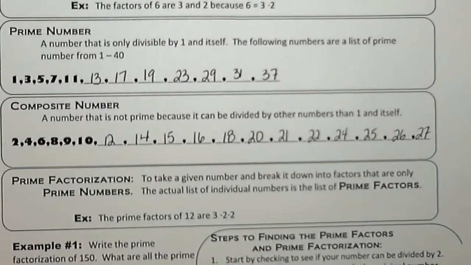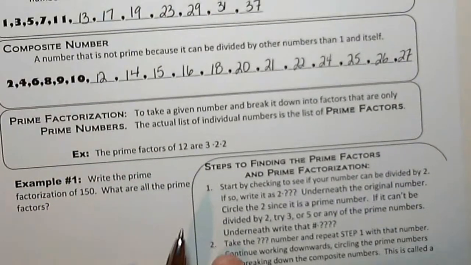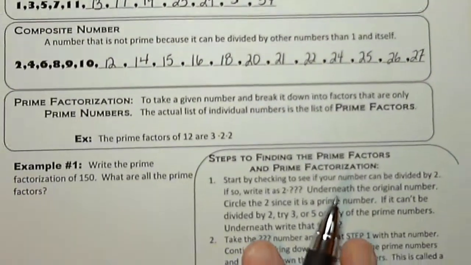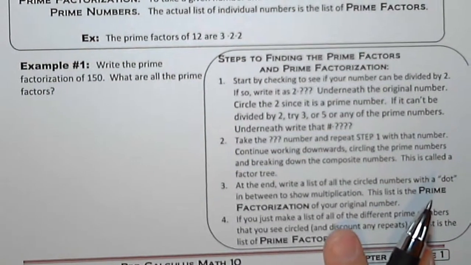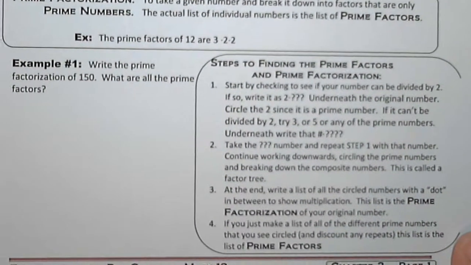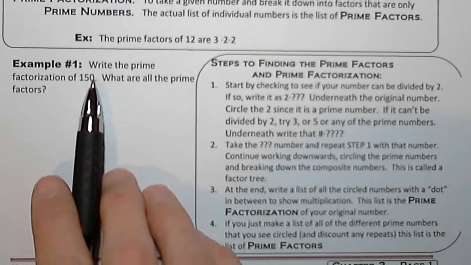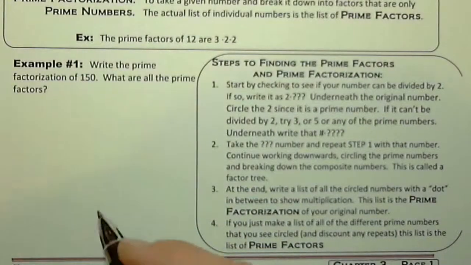So in this next example, we are going to find the prime factorization and write what the prime numbers are. On the side here I have some steps that will help you do this when you're doing questions on your own. So it says, write the prime factorization of 150 and what are the prime factors.